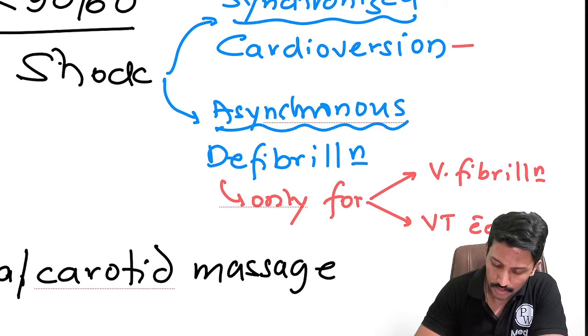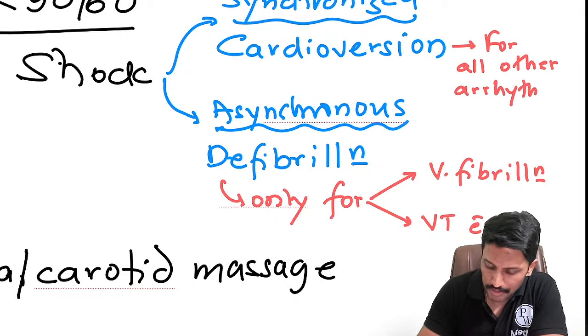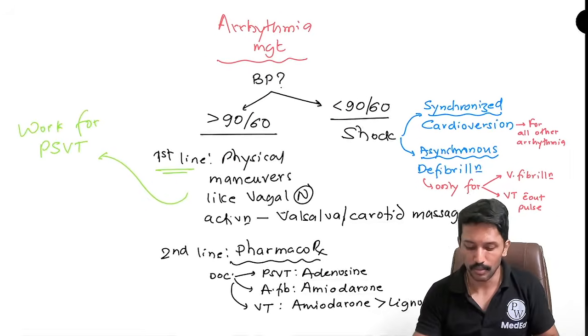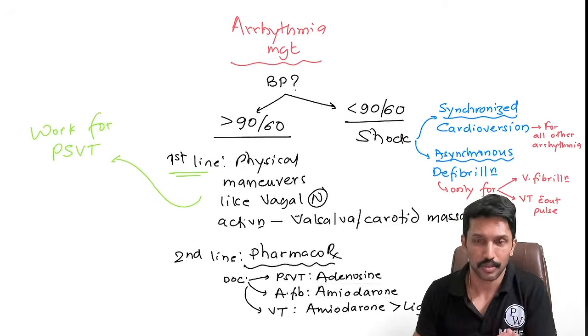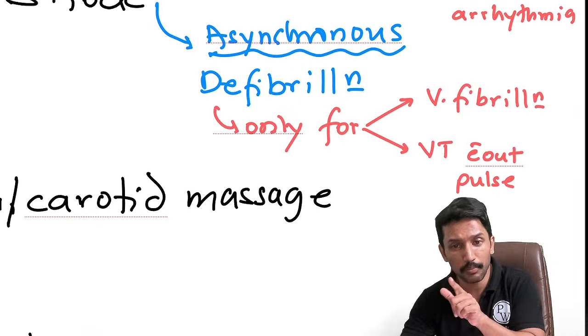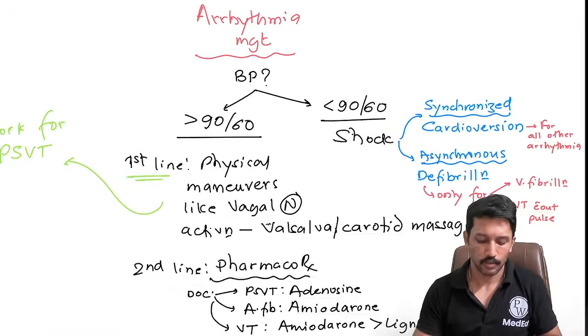And cardioversion, the synchronized shock, for all other arrhythmias. So any other arrhythmia, if the patient is not stable, you are going to give cardioversion. But if it is VFib or VT where pulse is not there, VT with pulse also cardioversion, but pulse is not felt, defibrillation.